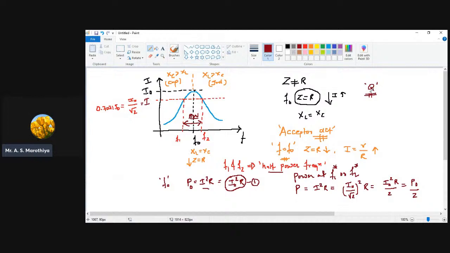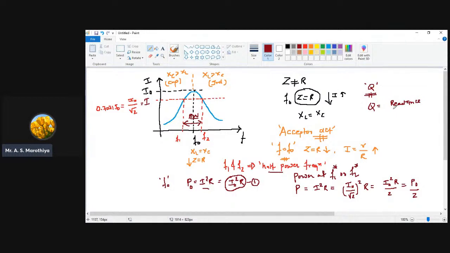Quality factor plays an important role in order to find out the quality of a given inductor or given capacitor. And quality factor is normally defined as the ratio of reactance, or you can say inductive reactance, because we are trying to define this in terms of inductor.